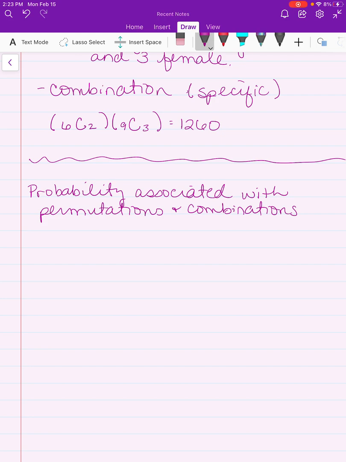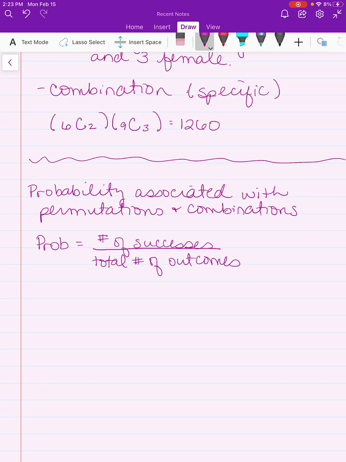So remember that probability is equal to the number of successes divided by the total number of outcomes. That doesn't change just because we're talking about combinations.